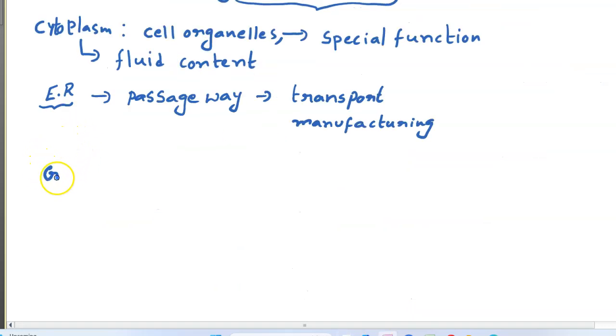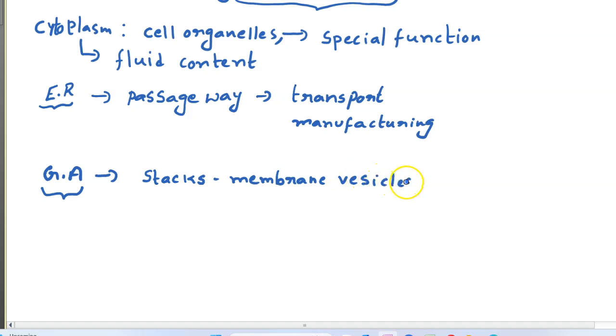Another cell organelle, let us consider the Golgi apparatus. Golgi apparatus appears like stacks of membranous vesicles within the cell cytoplasm. Membranous vesicles these are, and they perform three major functions.